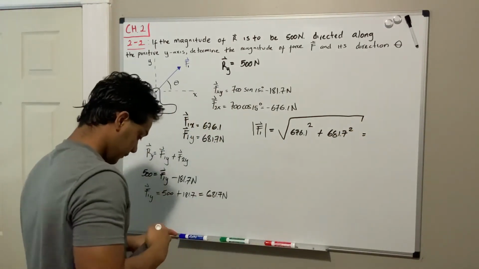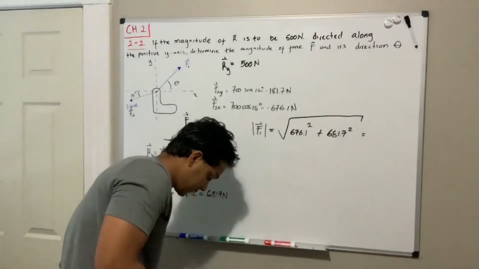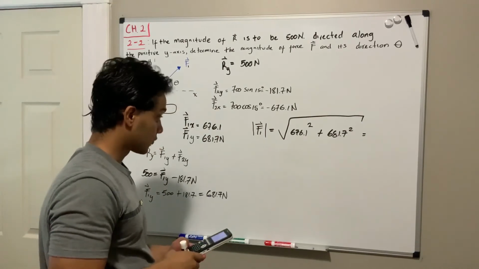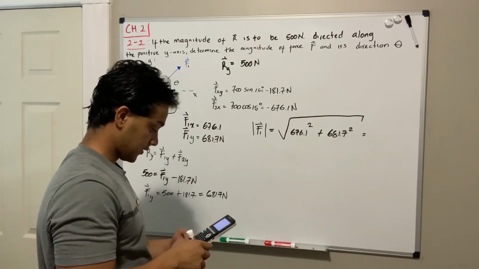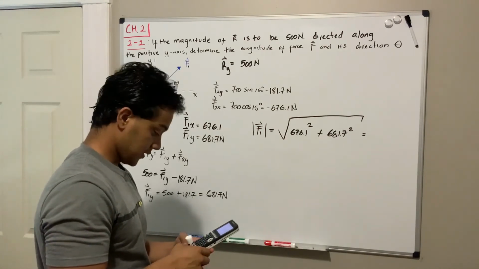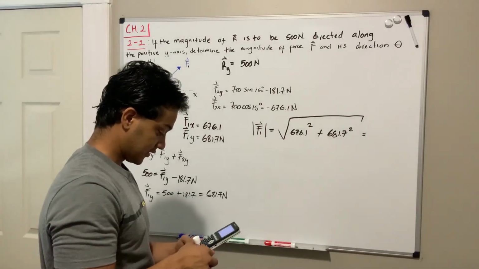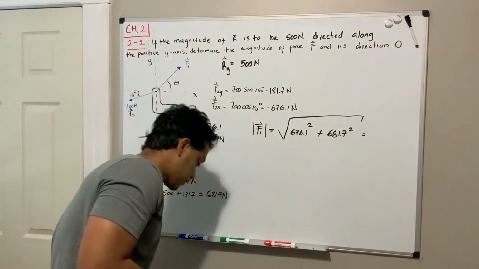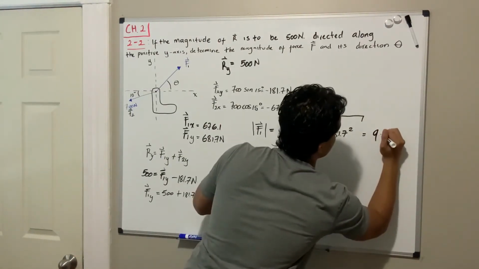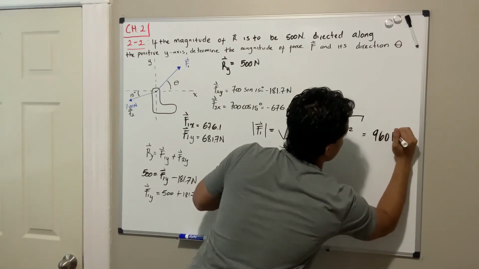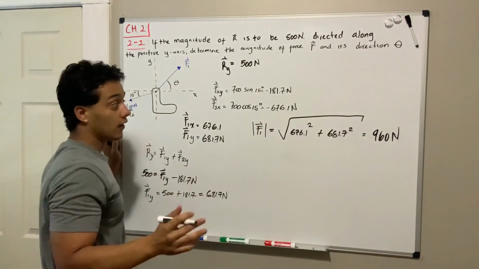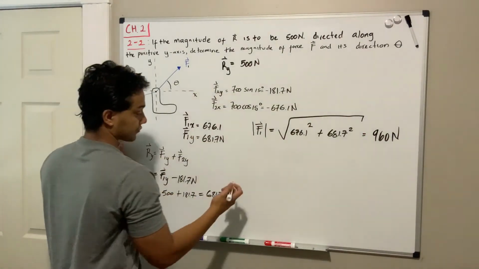Using our calculator, we do the square root of 676.1 squared plus 681.7 squared, which will give us 960 newtons. That's good.